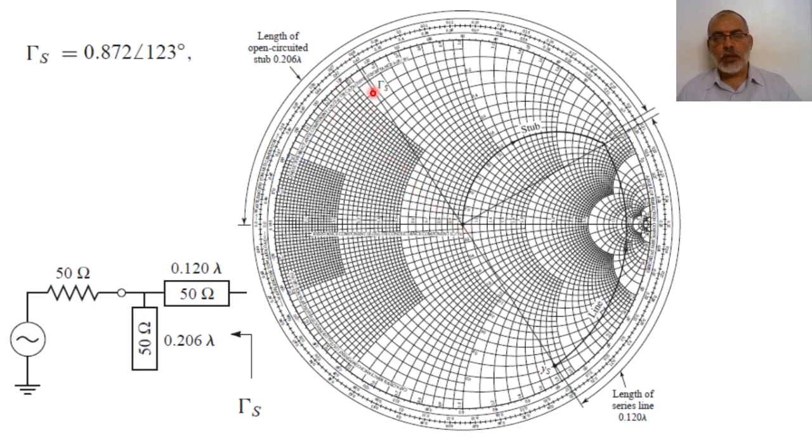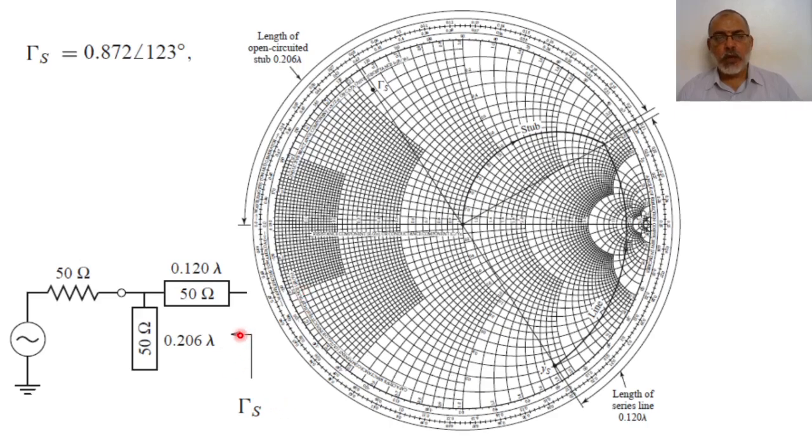So this will be the location of gamma source. The angle of gamma source is 123 degrees. From the x-axis, I'm going to move counterclockwise until I reach 123 degrees. So this is the angle of gamma source, and this is the magnitude of gamma source. So this is the location of gamma source.